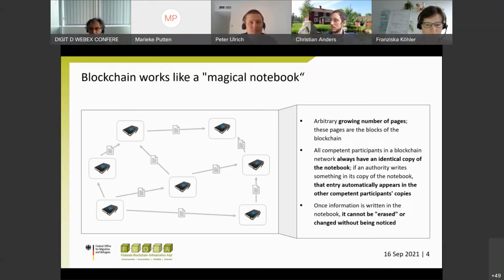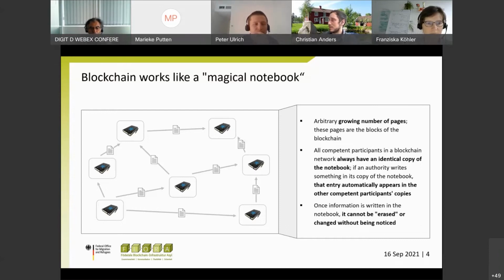So I erase something in my notebook and say, hey, this never happened, this is not a fact, then all of the other participants, like you, for example, could look at your notebooks and say, no, I talked to the other guys, and this information is still in the notebook, and the other copies say that as well. So there might be a fault in your notebook. So that's the foundation of how the idea works with blockchain.